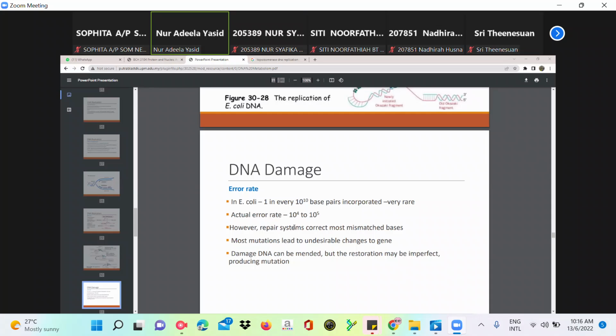But DNA is still susceptible to damage from a variety of sources. When there is damage to DNA, we normally use the term mutagenicity.